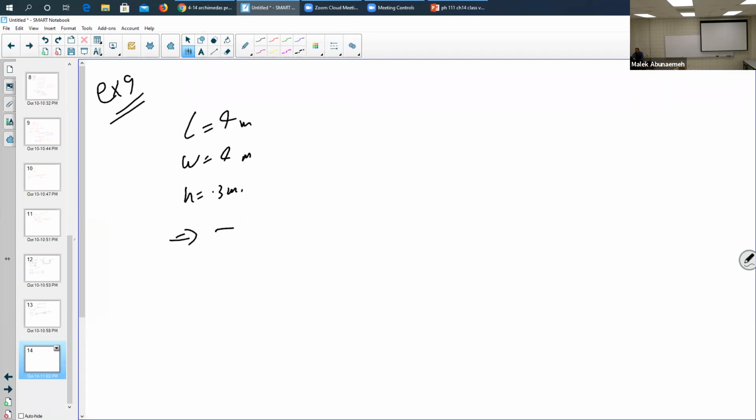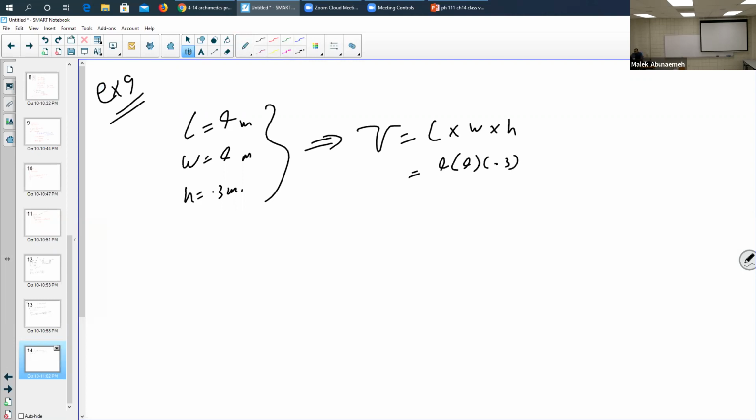That means your volume is going to be length times width times height, which is 4 times 4 times 0.3. So we should get 16 times 0.3, so it'd be 4.8 meters cubed.